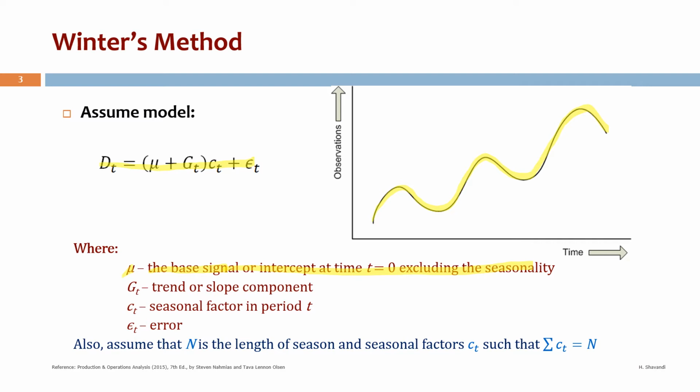So mu is the base signal or base intercept at time t0, and gt is the trend or slope component at time t, ct is the seasonal factor at time t, and epsilon t is our error. Okay, and the seasonal factors ct will be calculated like before in a way that the sum over ct should be equal to N.